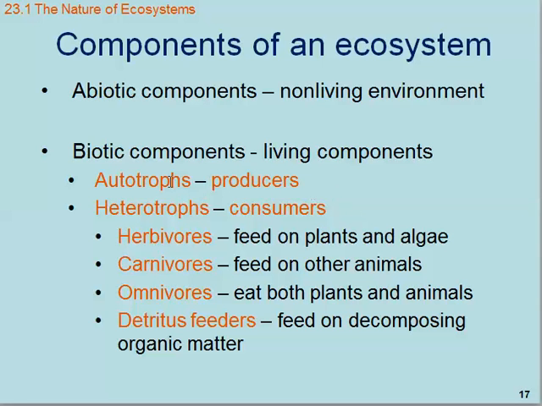The autotrophs or self-feeders we also call producers, plants, things that can carry out photosynthesis. Heterotrophs, other feeders, these are the consumers. And they are broken down more specifically into the herbivores that eat the producers, the carnivores that eat other animals. Then, of course, there are omnivores that eat both plants and animals, and the detritus feeders, the detritivores and the decomposers.